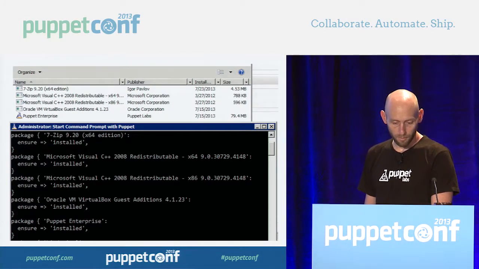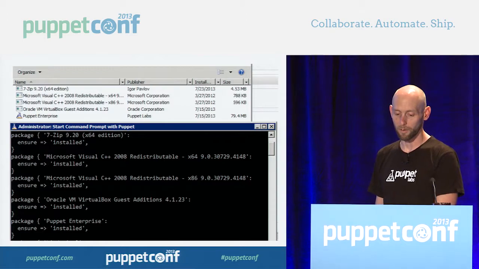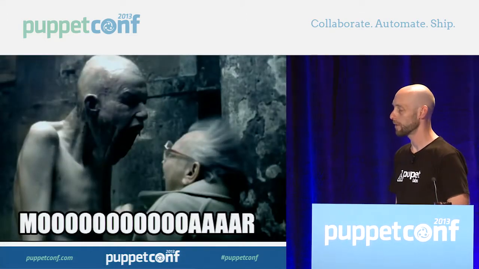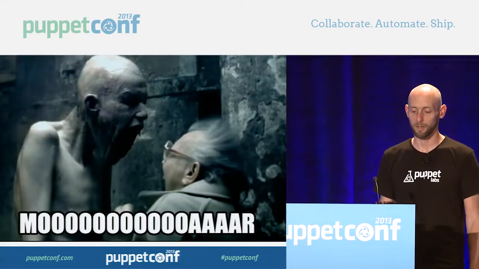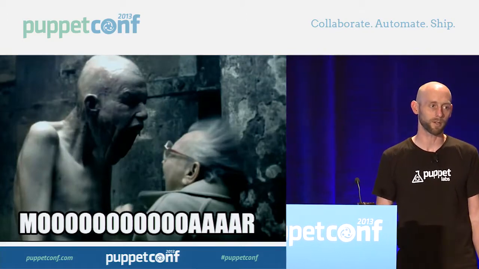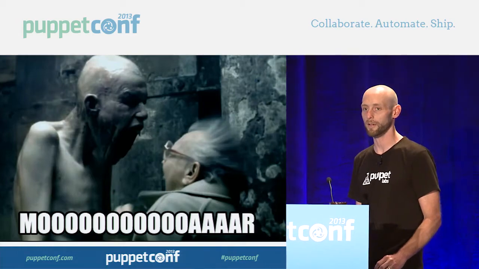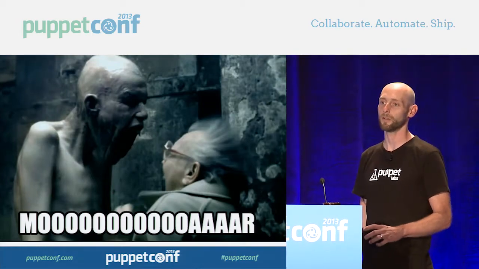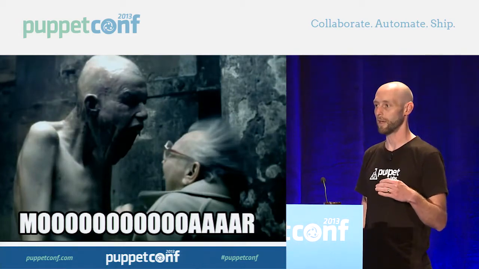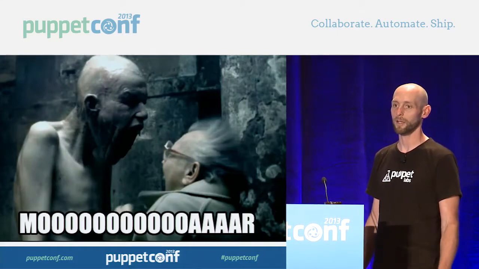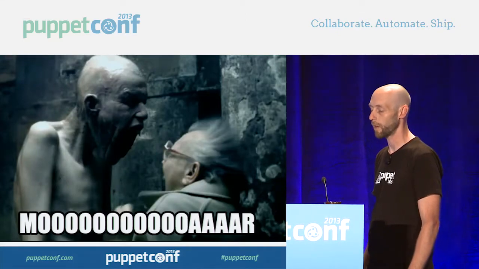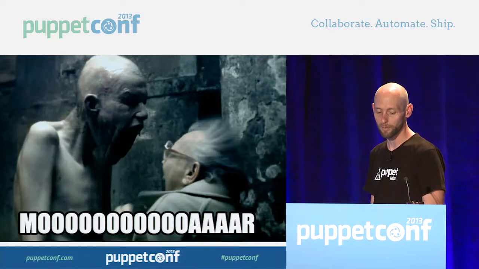But that's not all. There's so much more stuff. There's a ton of changes in Puppet Enterprise 3, including a lot of bug fixes. If we look at the bug tracker, there are literally hundreds of bugs that were fixed from the time that Puppet Enterprise 2.8 came out until the Puppet 3.2 that Puppet Enterprise is based on.